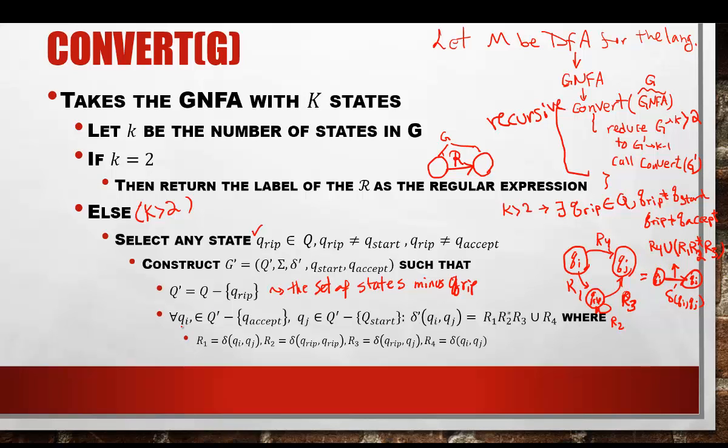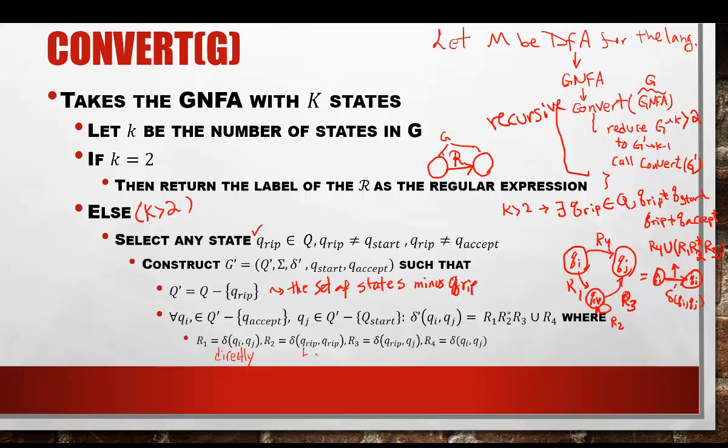And this formally defines that if you take QI, any state that is not an accept state, and QJ, any state that's not the start state, you basically compute for all these states the QI and QJ accordingly. And so in this case, R sub 1 is directly going from QI to QJ.